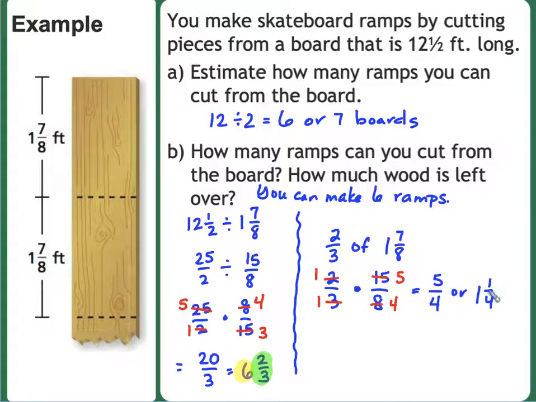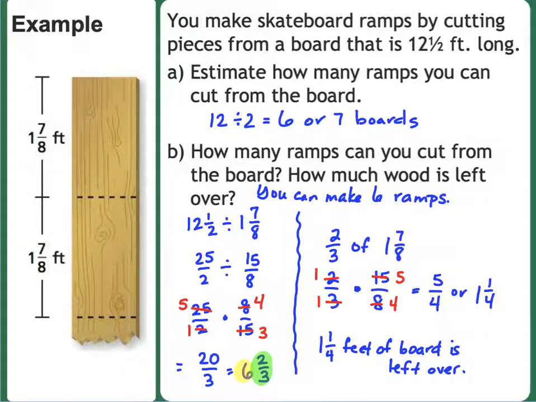So this is how much is left over. So 1 1/4 feet of board is left over. Which makes sense, because 1 1/4 is less than 1 7/8, and it's pretty close since I had 2/3 of that ramp left over.